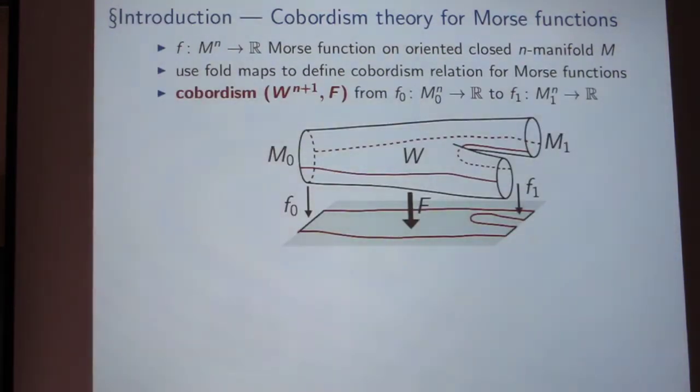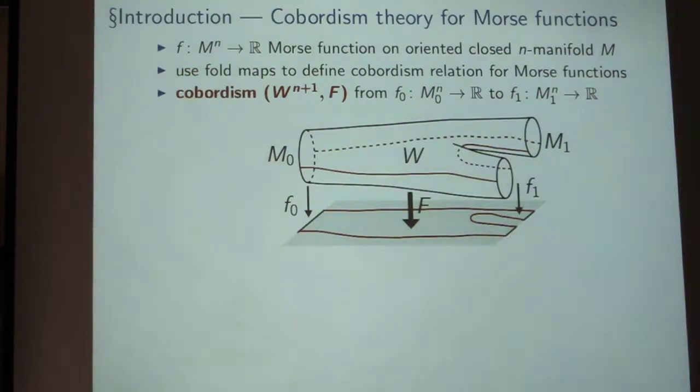So given two Morse functions f0 and f1 on such manifolds M0 and M1, our purpose is to define a notion of Cobordism. A Cobordism from f0 to f1 will be a pair (W, F) as follows.